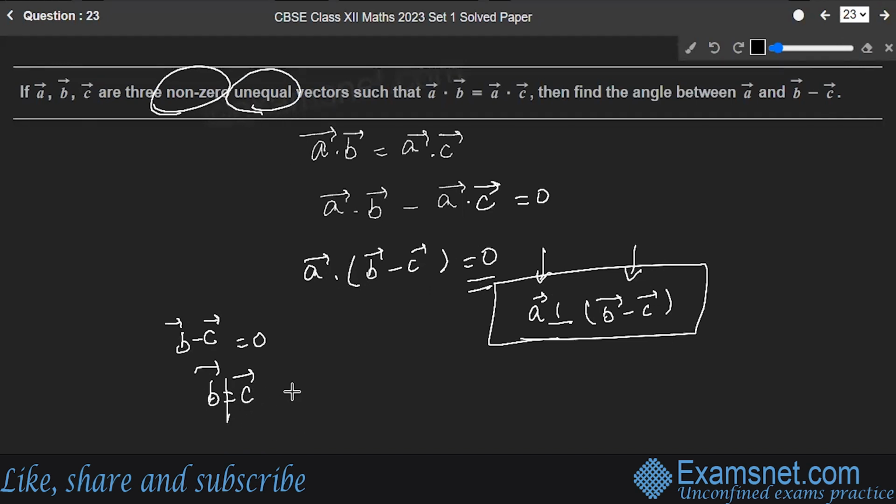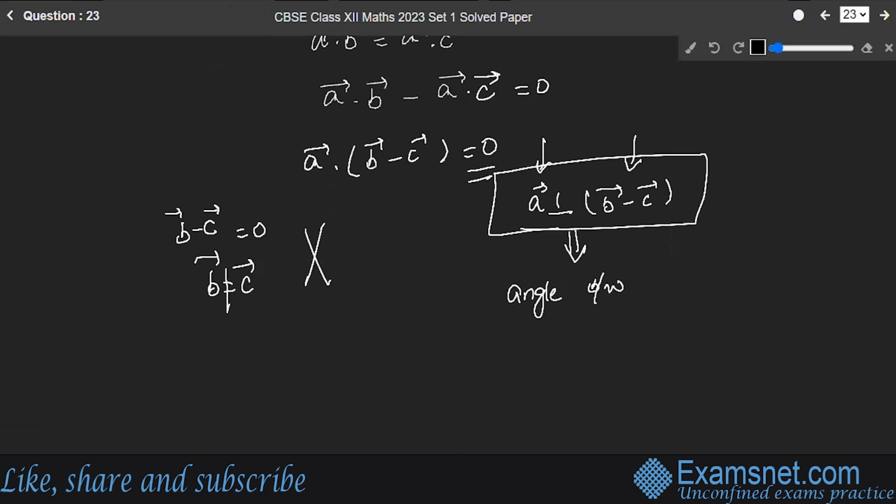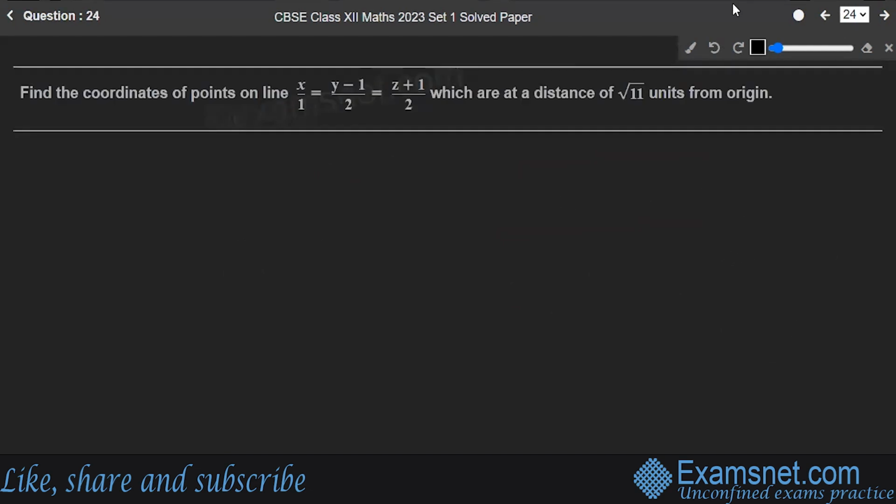So this is not true. I will follow that A is perpendicular to B minus C. You have to find the angle between them. Therefore, the angle between A and B vector minus C vector is 90 degrees. That's it. This is the answer to the question. Hope you understood this. Let's move to the next question then.